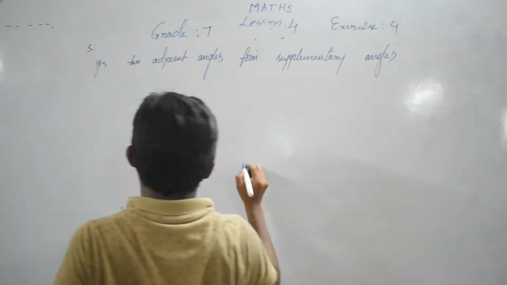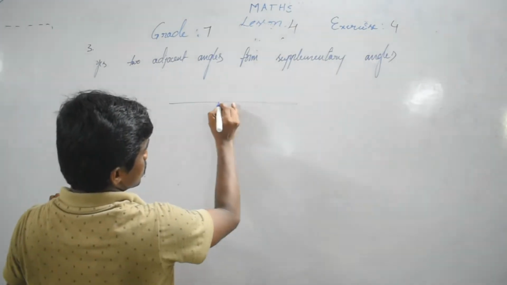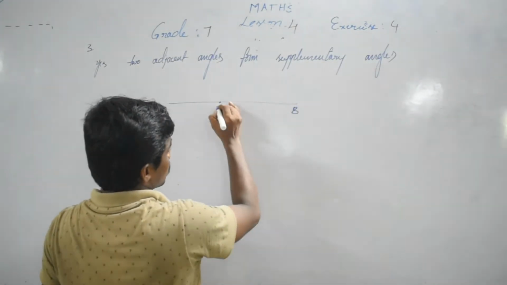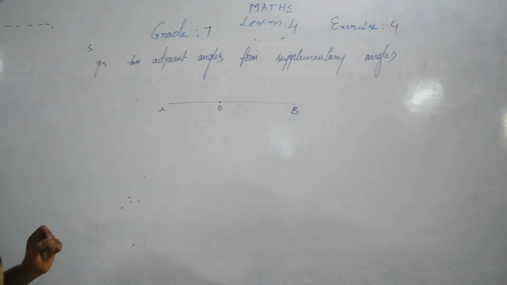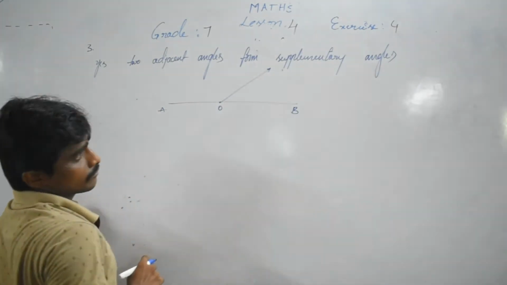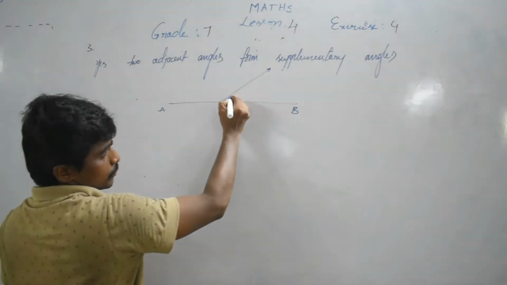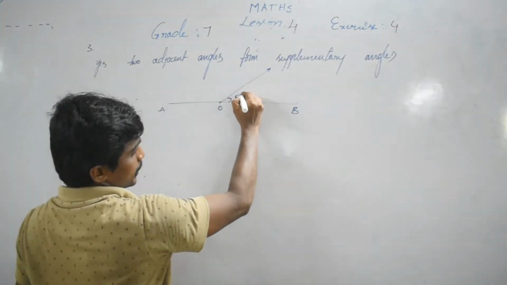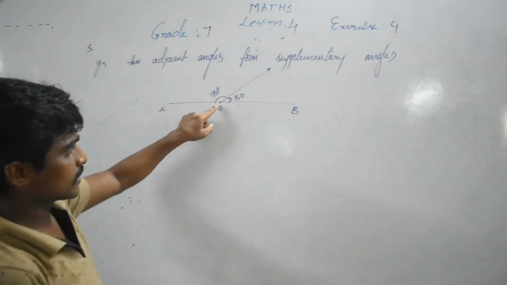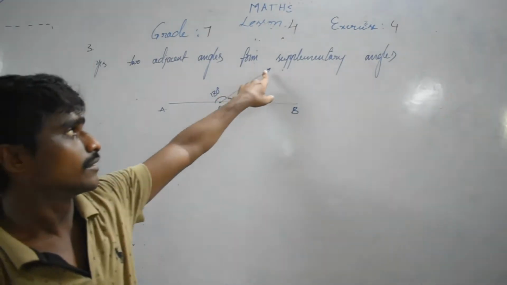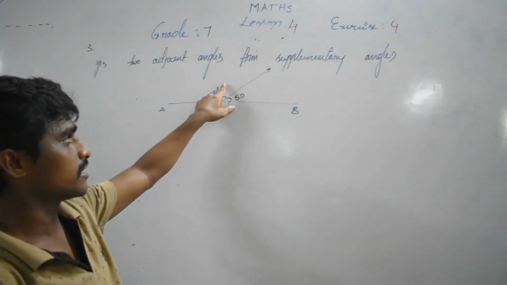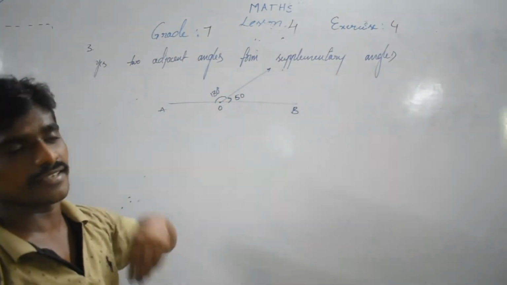Here see, this is a straight line AB, with point O between. Here you keep a common arm. So here 50 degrees, 130 degrees. This is a common vertex, this is a common ray. So these two angles are adjacent angles.